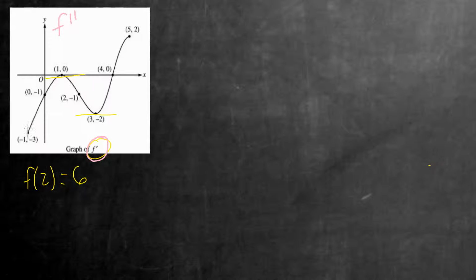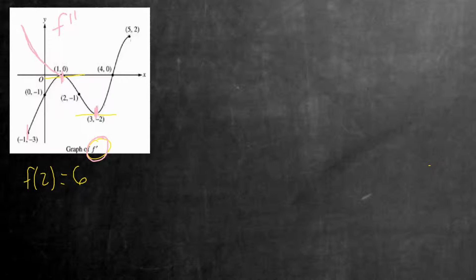So if f prime is increasing from here to here, f double prime should be some kind of positive from there to there. If f prime is decreasing from here to here, f double prime should be negative from there to there.